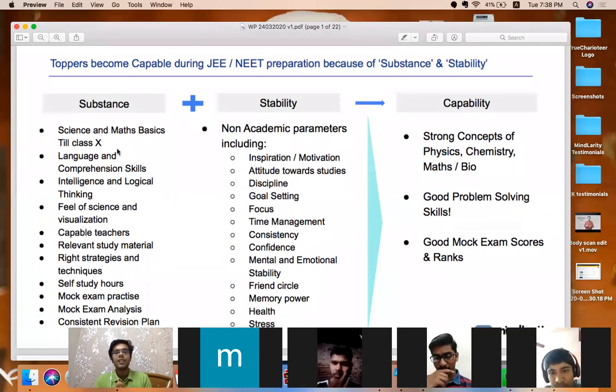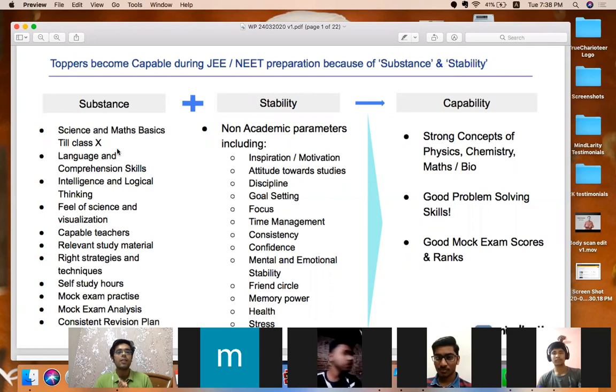As we know, IITians have a different personality compared to NITians and private college students, that's why it's very important to build the kind of personality that an IITian or a tier 1 college student has right now in your JEE preparation. Only then will you deserve colleges like that. We'll discuss each parameter of substance and stability going forward in as much detail as possible.